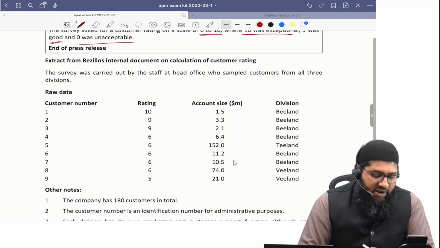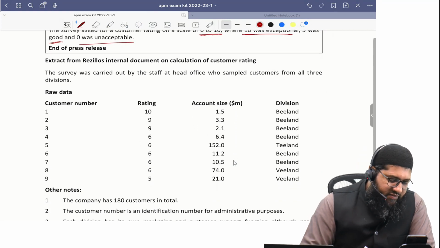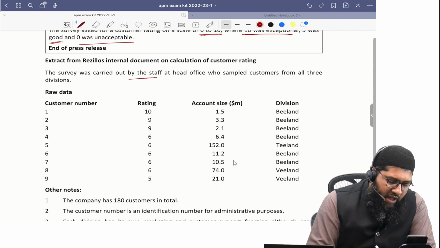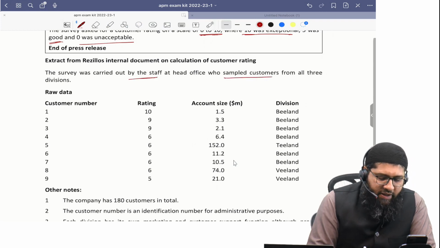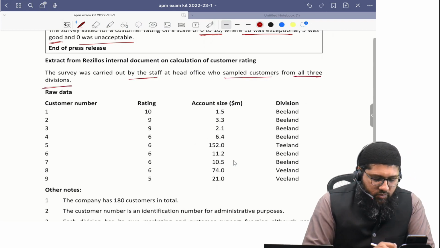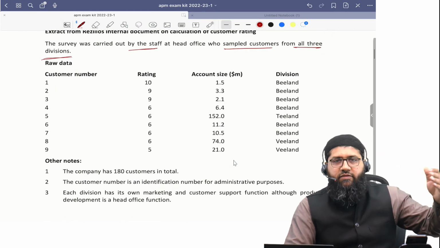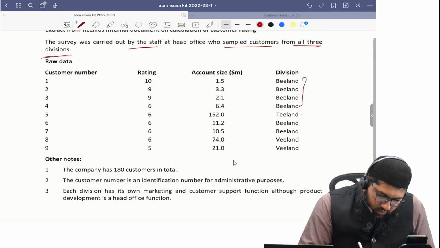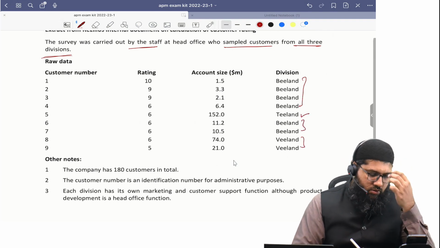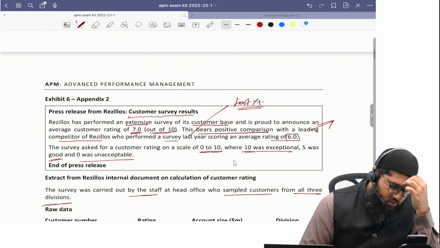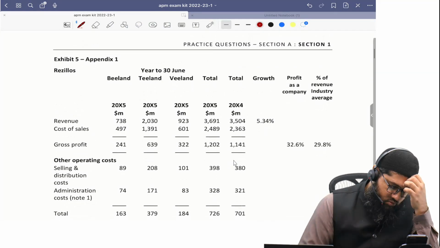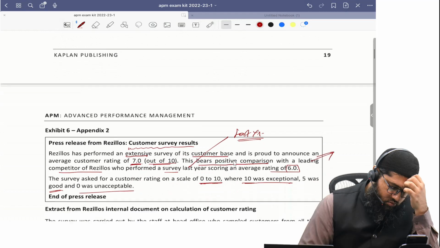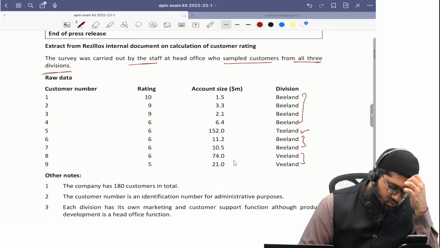Now, extract from the Reselos document on calculation of customer rating. The survey was carried out by the staff at our office who sampled customers from all 3 divisions. So they sampled customers from all 3 divisions: B-land, T-land, and V-land.